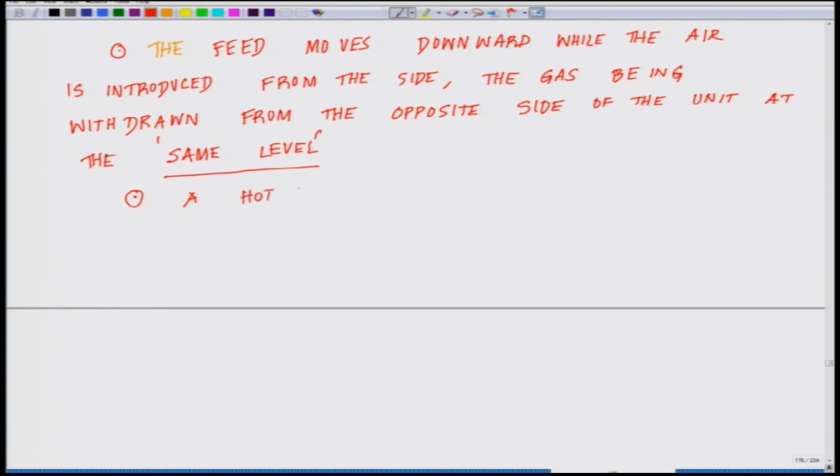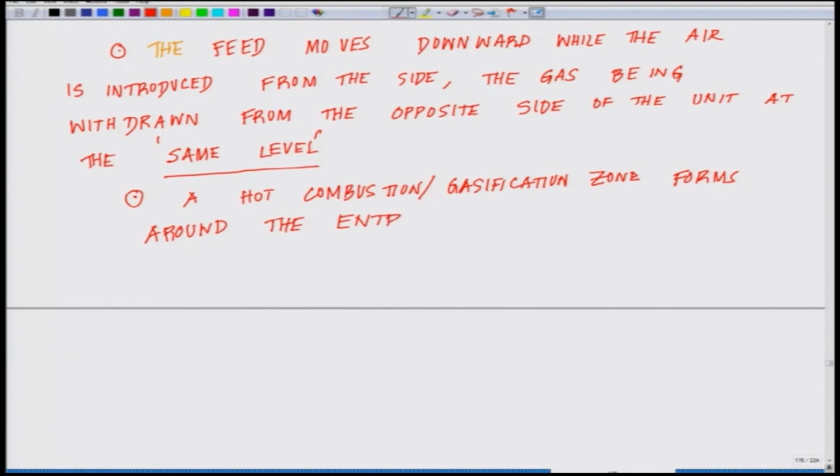A hot combustion/gasification zone forms around the entrance of air.